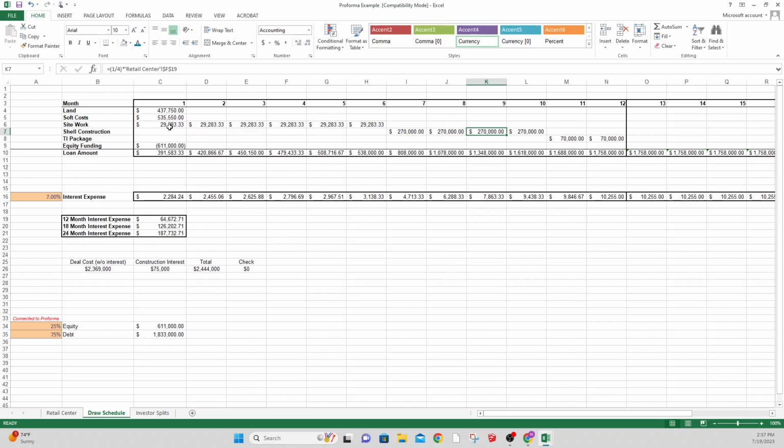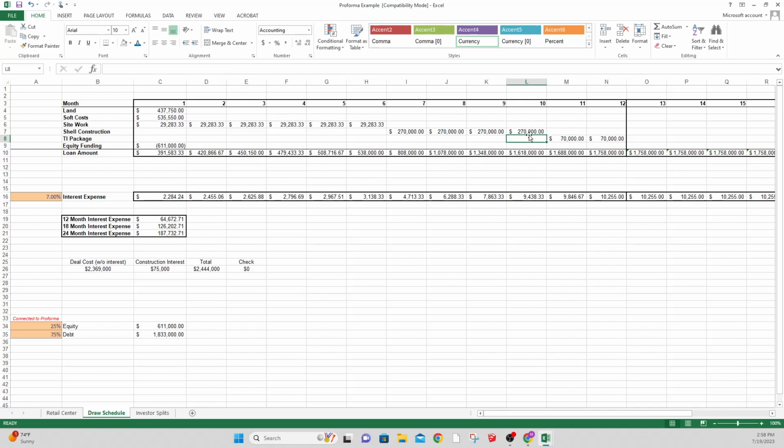So a lot of money goes out the door, but you're slowly adding to the total amount of money that has been spent on this project. We're assuming it's going to take 4 months to build the shell, and then 2 months to do the finishing touches on the TI obligations that we have, or depending on how you structure that it might be just 1 month, just a check in month 10.